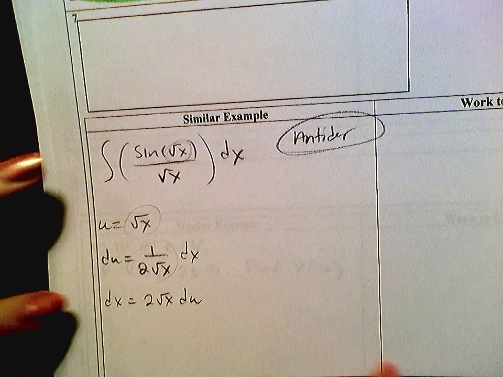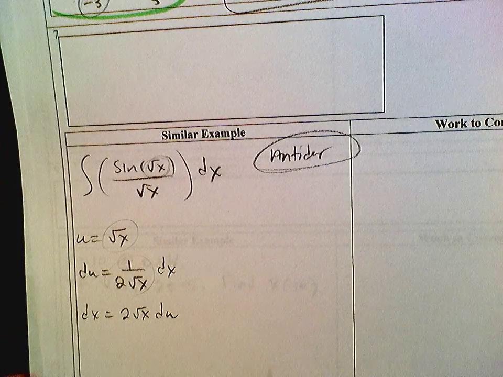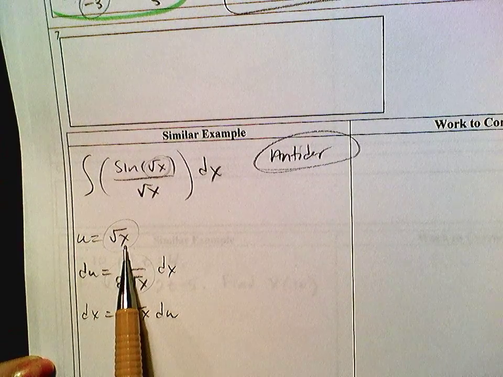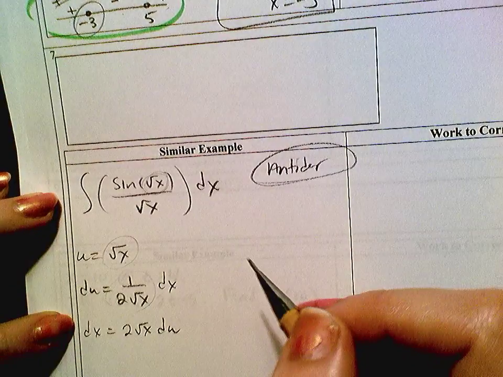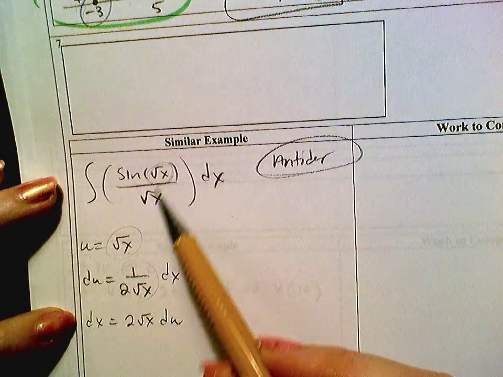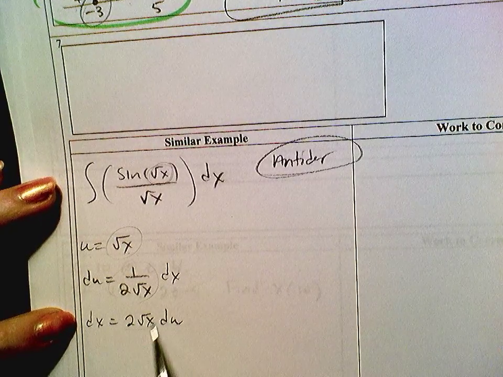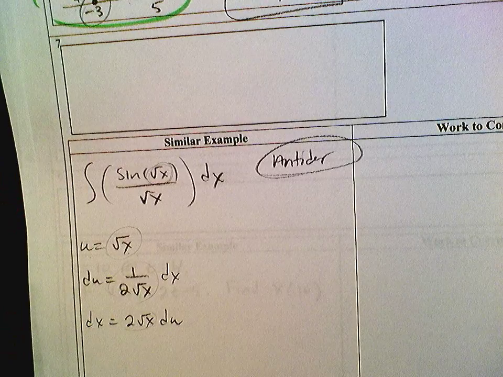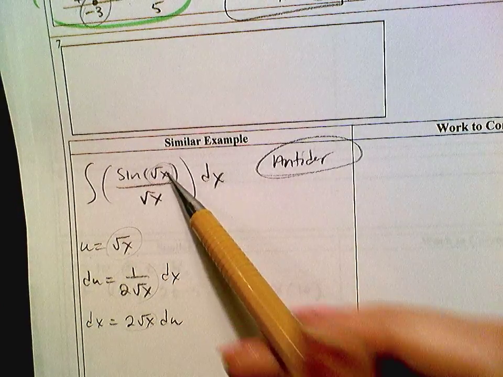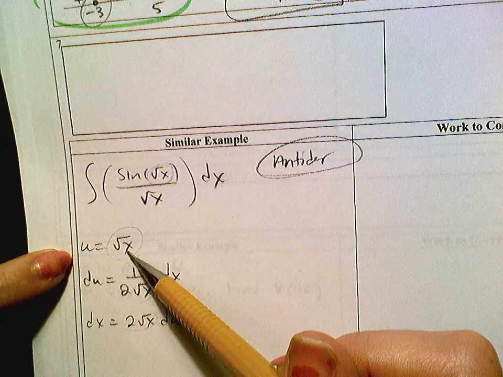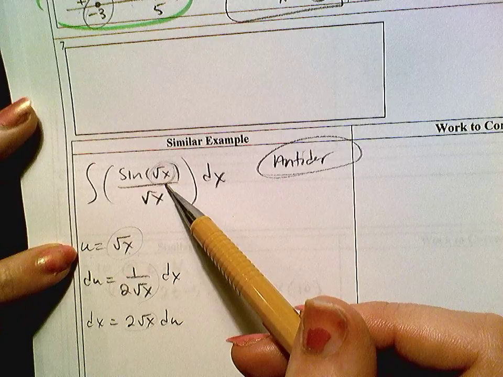Okay, now I'm going to do that substitution. Now here's the thing, guys. I let u equal radical x. But if I plug u in for both of these, then this x here is not going to end up canceling. So I can only plug u in for one of these. And when I chose this u, I chose it because it was inside of another function.